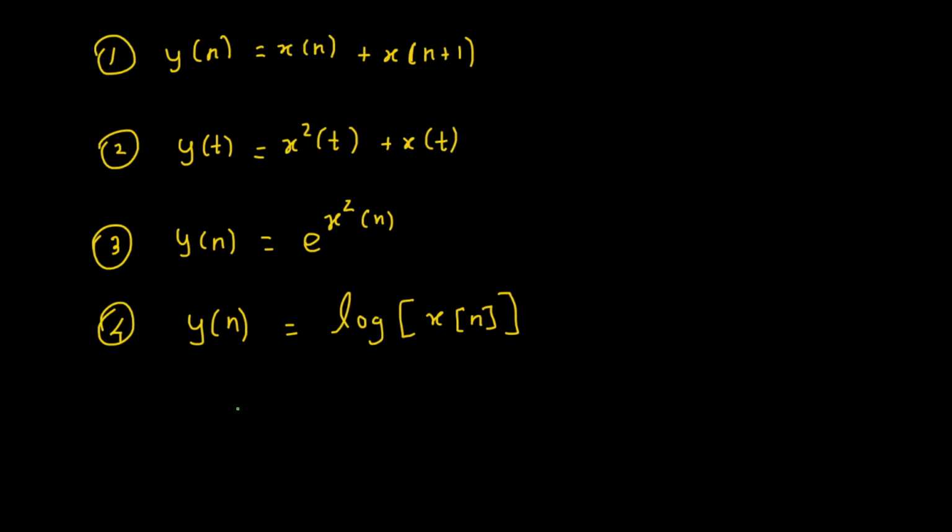The fifth one is y of t equal to x of t times x of t minus 1.